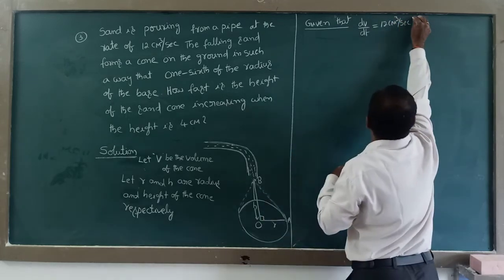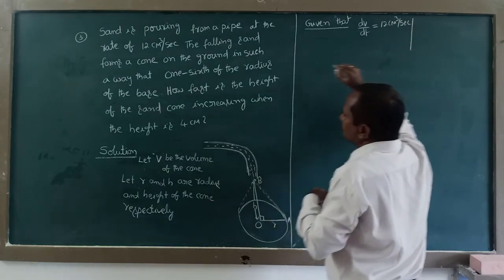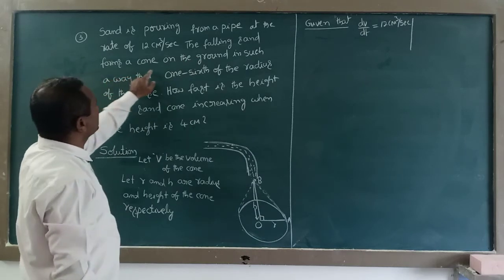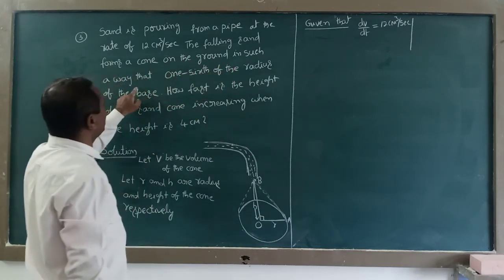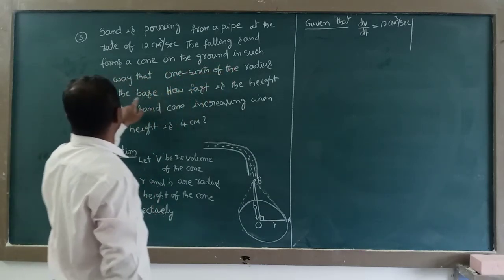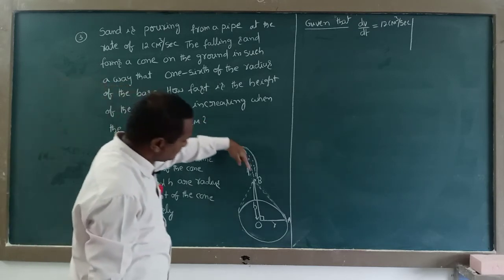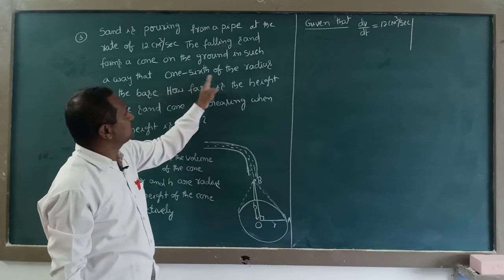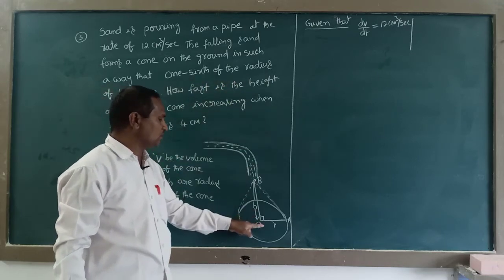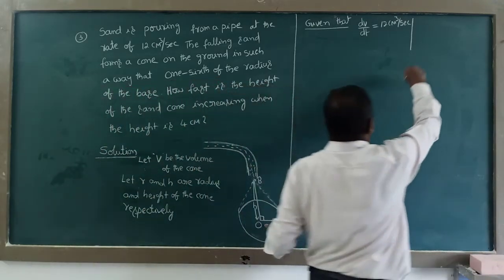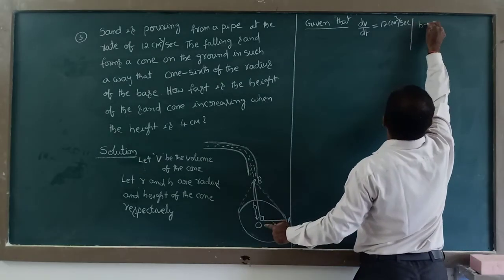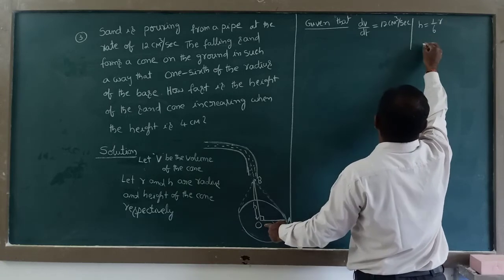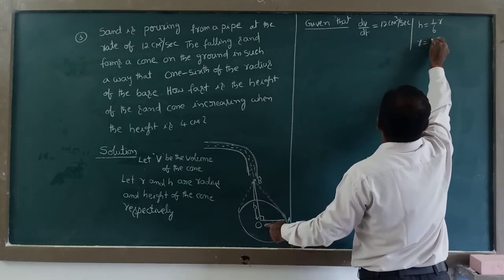And one more they gave here: the falling sand forms a cone on the ground in such a way that height is 1/6 of the radius of the base. That means h is equal to 1/6 of radius. Taking cross multiplication, r is equal to 6h.